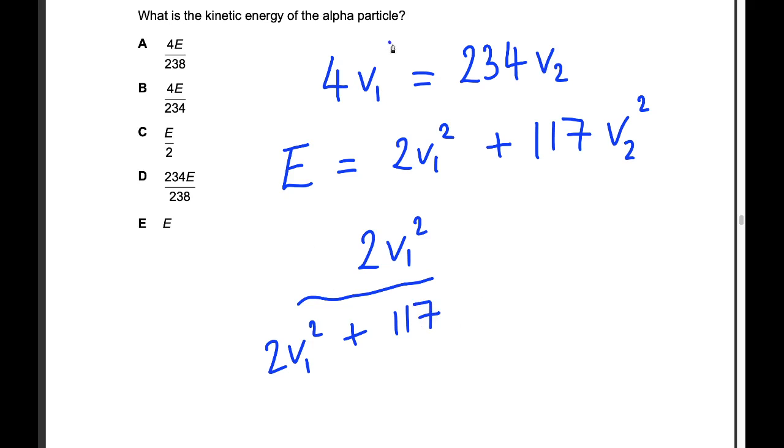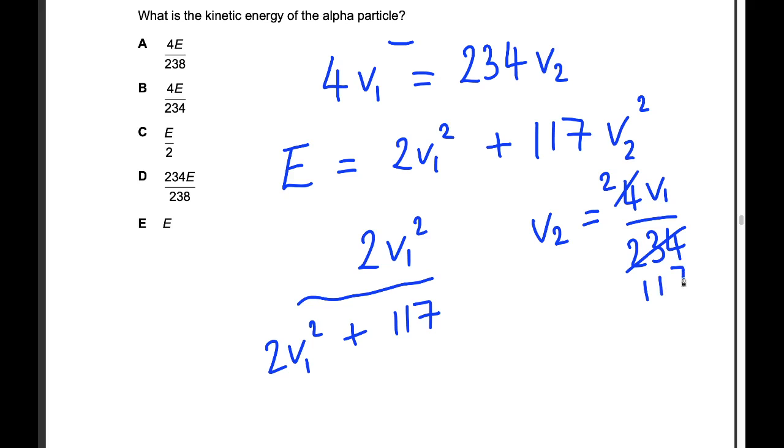I need to use this equation to turn this v2 into a v1, right? So what I'm going to do is rewrite this equation as v2 is equal to 4v1 over 234. Okay, so I'm going to cancel this down to 2 over 117.